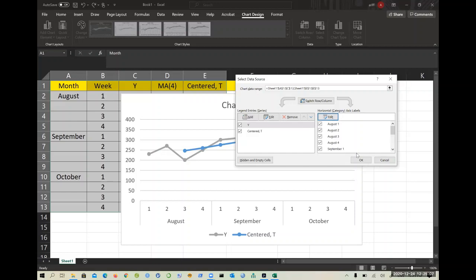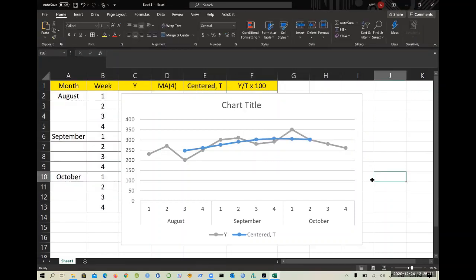This will be the axis label. Okay, so chart ni you letaklah dia punya chart title, and then the axis you have to put it the axis. So this one is your legend, so you have Y and centered.